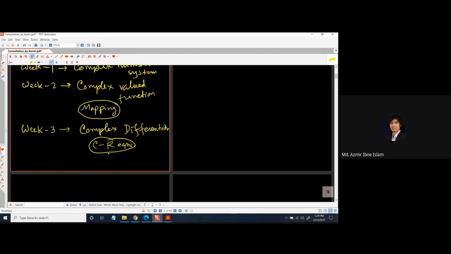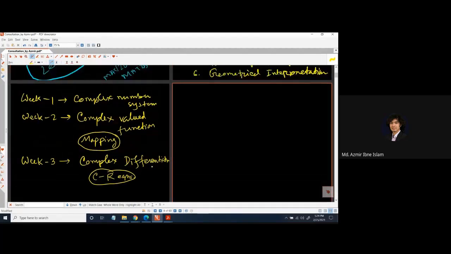In short, I am writing here CR equations. In week 4, you will see some functions where complex number is involved.